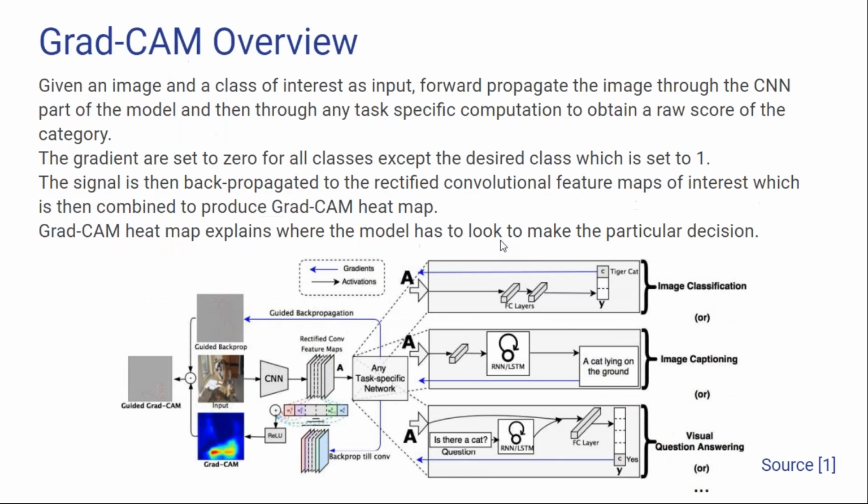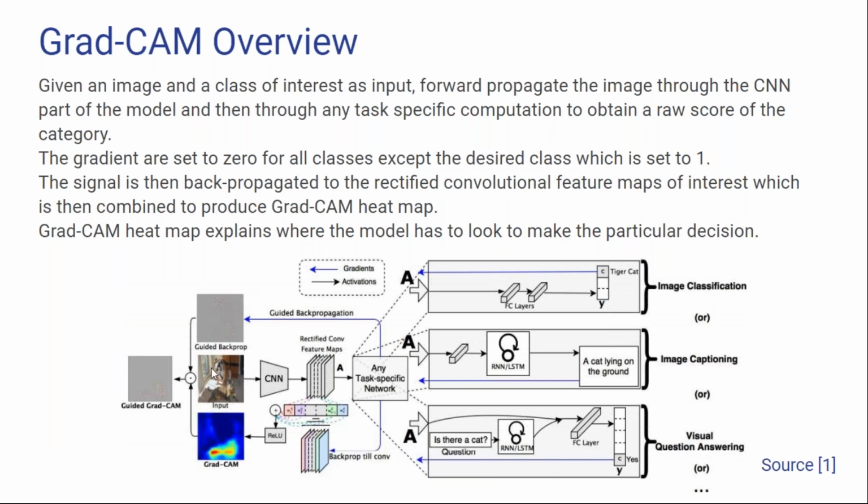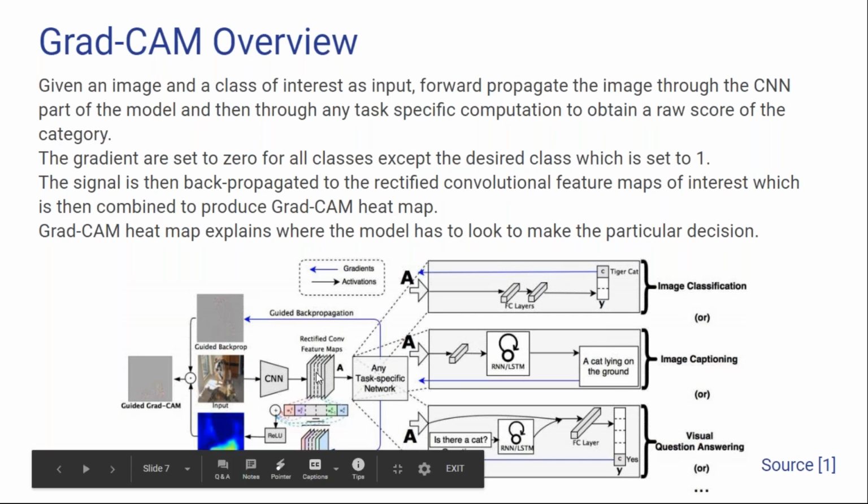Okay, so moving on. Now we come to the main technique, Grad-CAM. So this is the overall architecture of Grad-CAM. Given an input image, you pass the input image through the CNN architecture, and it calculates the feature maps.